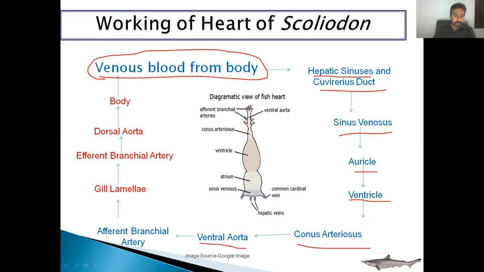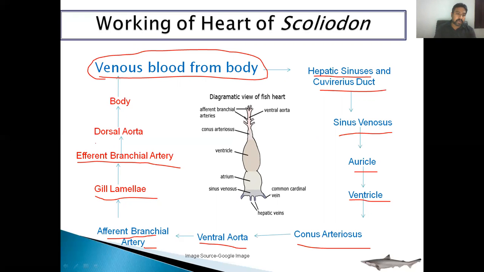From the ventral aorta, it enters the gills by the afferent branchial artery and goes to the gill lamellae. We have studied these gill lamellae in the respiratory system. The blood collected from the gill lamellae is collected by the efferent branchial artery. That collected blood is oxygenated blood.